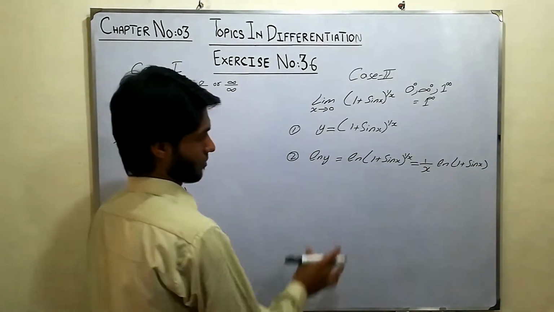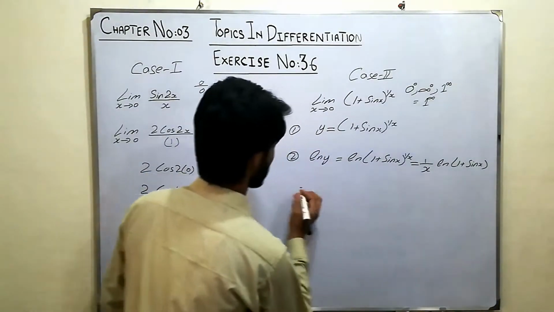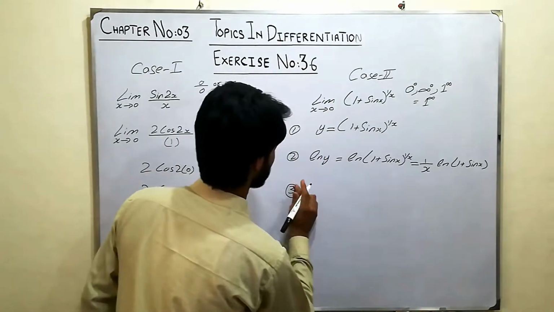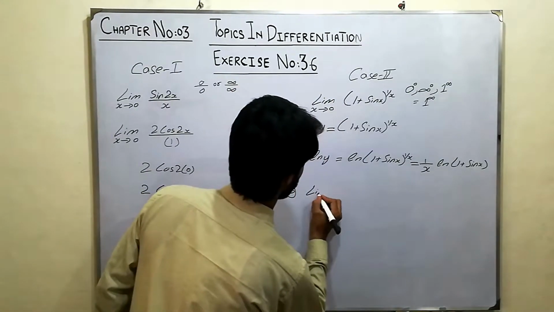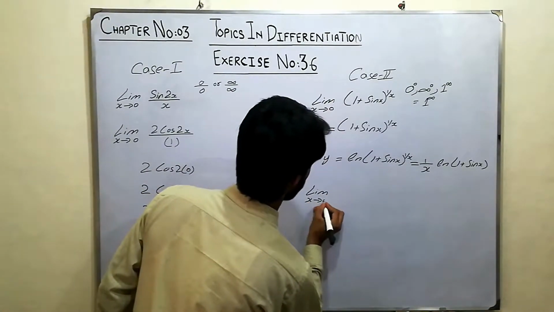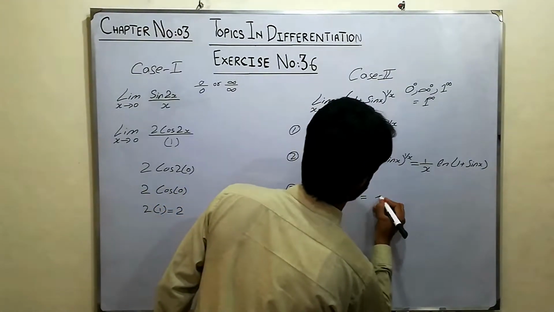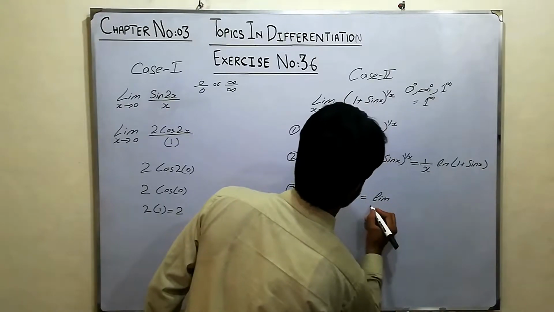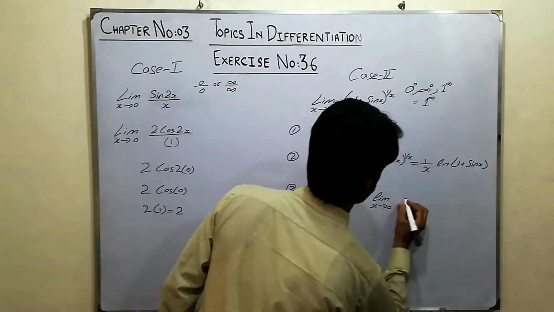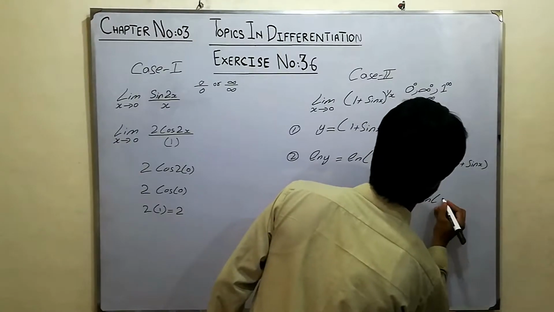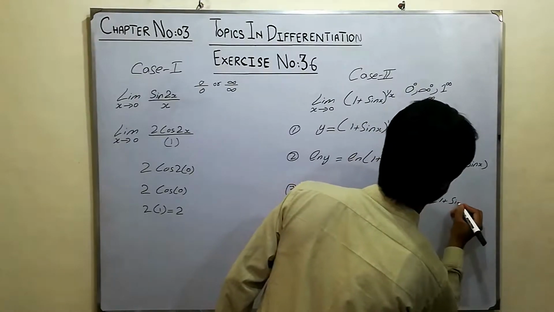Now after this, step 3 is to take the limit that is given. Limit x approaches 0, ln y is equal to limit x approaches 0, 1 by x times ln (1 plus sin x).